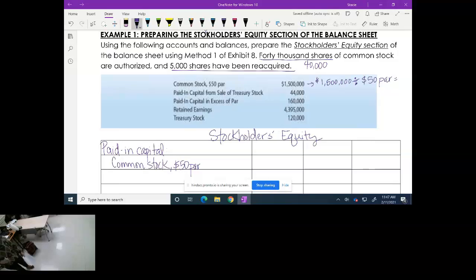That will tell you how many shares you've got issued, because all they're telling you is authorized and reacquired. We don't know how many were ever issued. I think it's 30. Yes. So you have 30,000 shares issued.